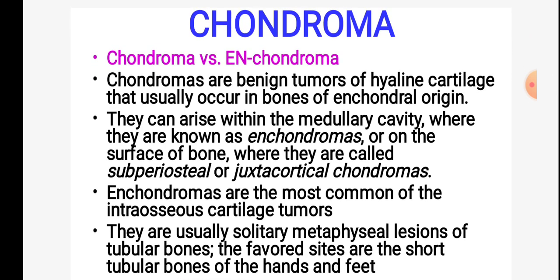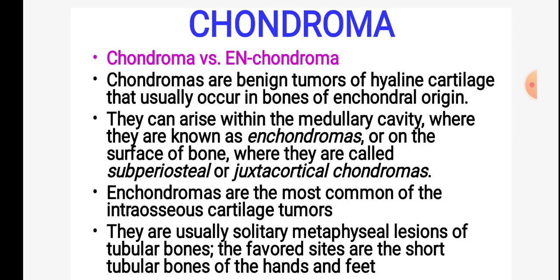Chondromas. So chondromas are benign tumors of hyaline cartilage that usually occur in bones of enchondral origin. They can arise within the medullary cavity where they are known as enchondromas, or on the surface of the bone where they are called subperiosteal or juxtacortical chondromas.